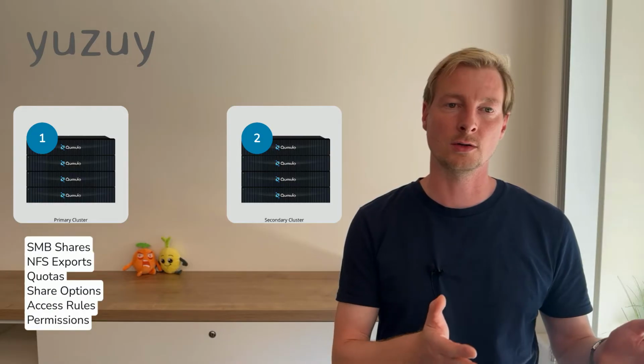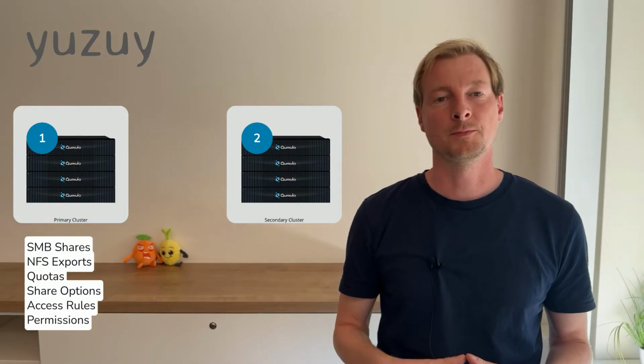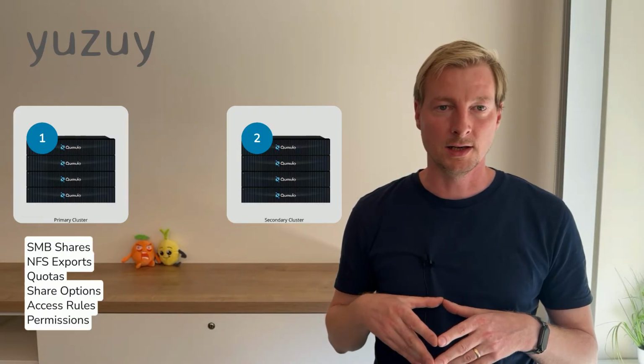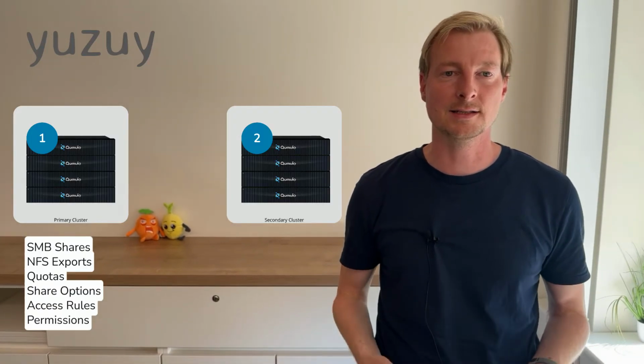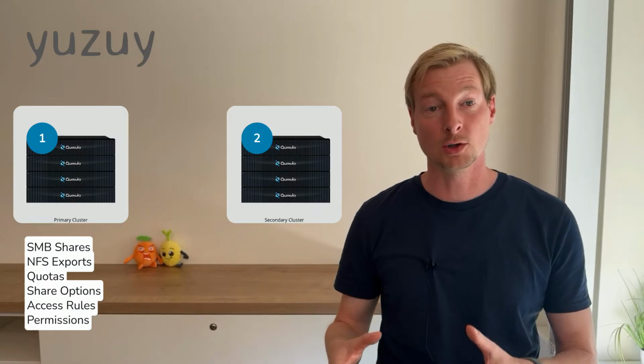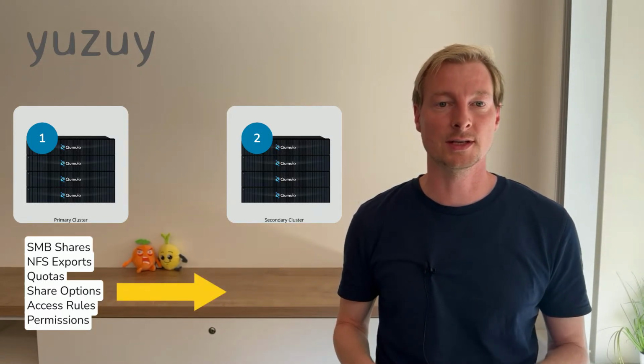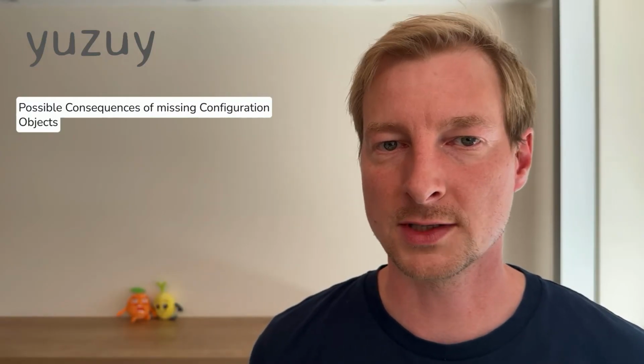However, these updates are often only applied on one cluster, the primary side of the replication relationship. In order to make client access and failover state equally possible and compliant, these objects are also necessary on the secondary side. Missing objects can lead to several issues depending on what's absent.